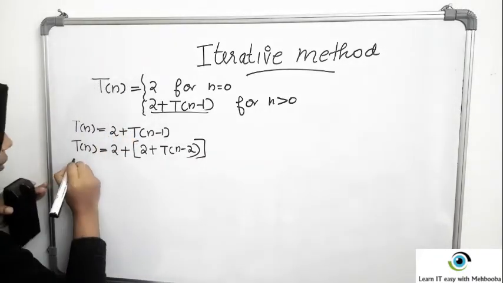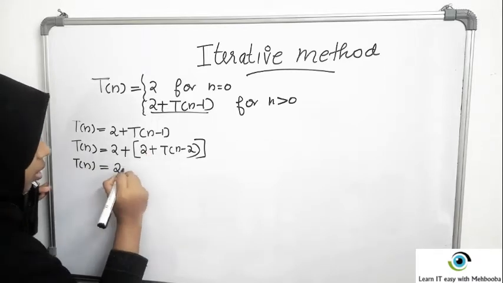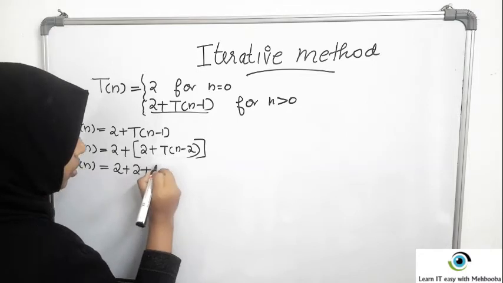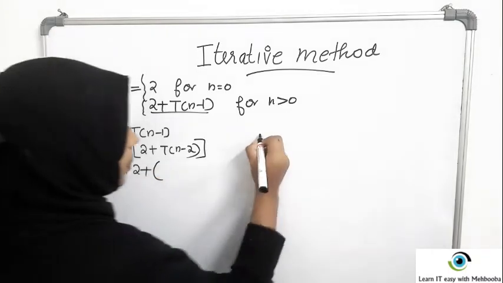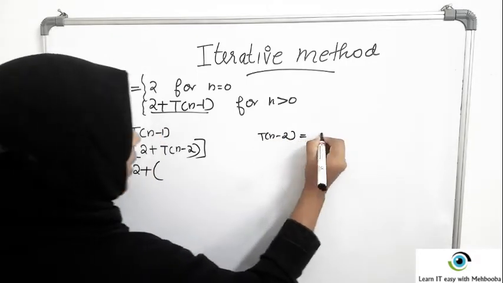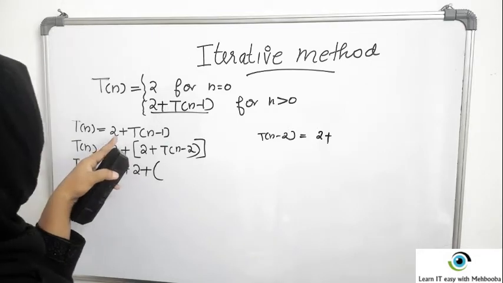Now T(n) is equal to 2 + 2 + T(n-2), and we keep on unrolling. T(n-2) can be written as 2 + T(n-3), because the 2 doesn't have the term n with it, so it doesn't affect it.